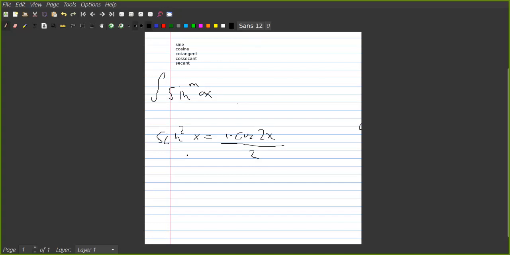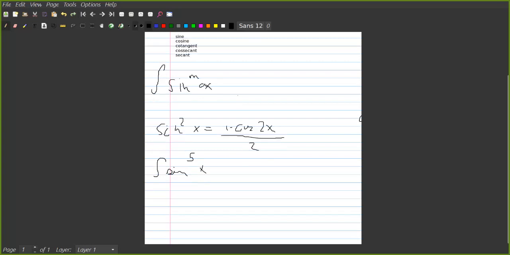And so let's say we have, for example, sine to the fifth of x. That is the same thing as sine squared of x, squared, times sine of x.